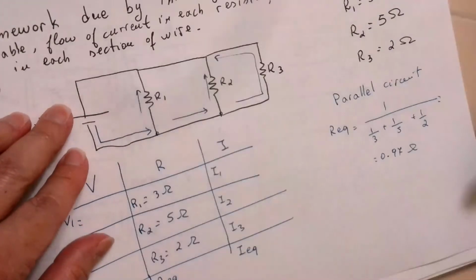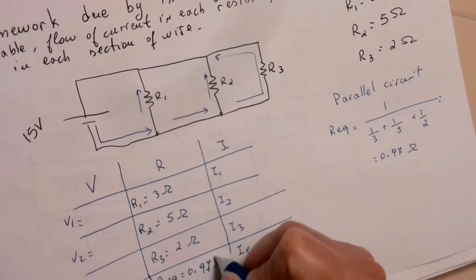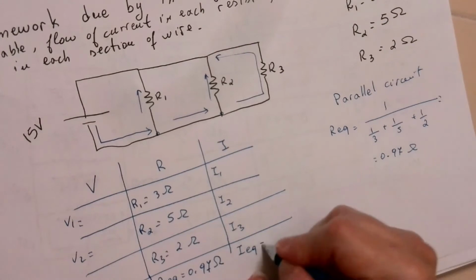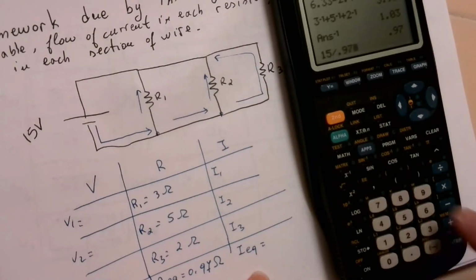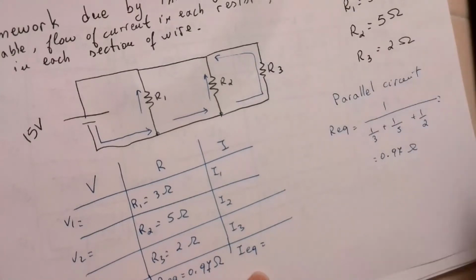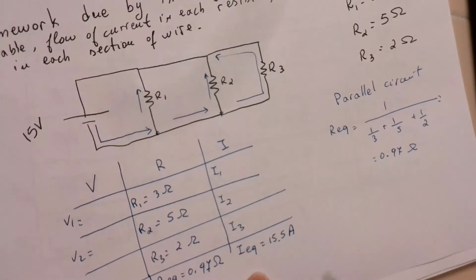So 0.97 goes right here. Then the I equivalent: I got to divide 15 by 0.97, and I have 15.5 if I round up. Those are the amps.